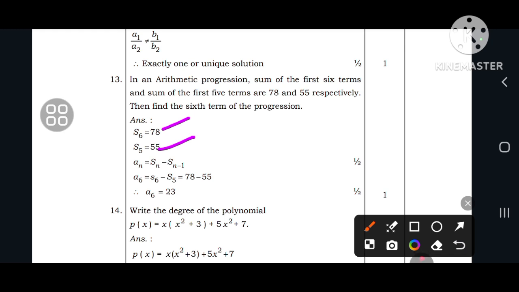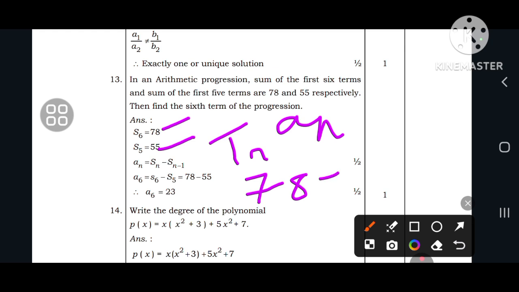As you can see here, you can also take tn, no worries, but taking an is good as compared to taking tn, as they suggest here. In the question paper they have taken an in the solution and scheme. Then you can see here a6 is equals to s6 minus s5 is equals to 78 minus 55. Then the answer a6 is equals to 23. So simple a way they have solved. You can see a6 is equals to 23.